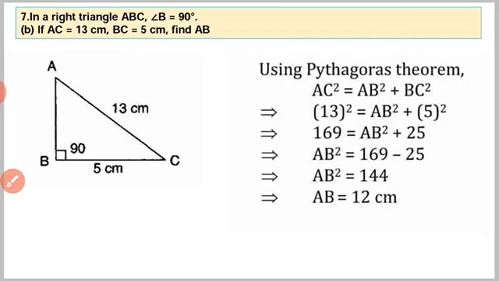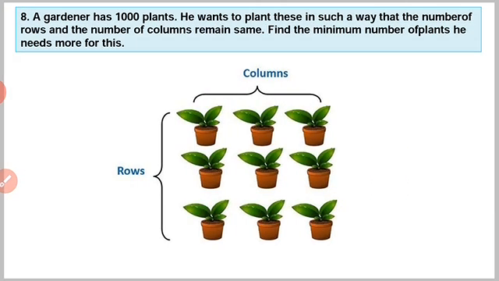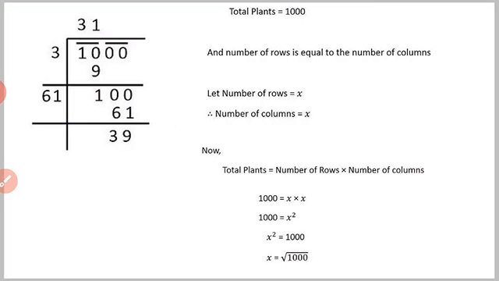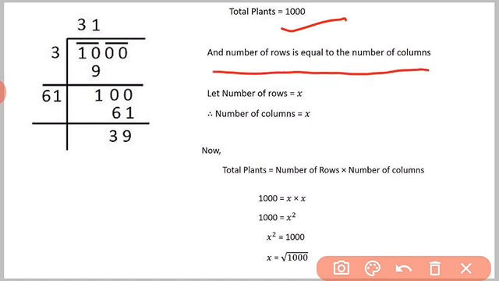And what we have to find is the minimum number of plants he needs more for this. So for that we have to find the value of x. So let's start. Here total plants are 1,000 and we have been given that number of rows and number of columns must be equal. So let number of rows be x, then number of columns will be x.